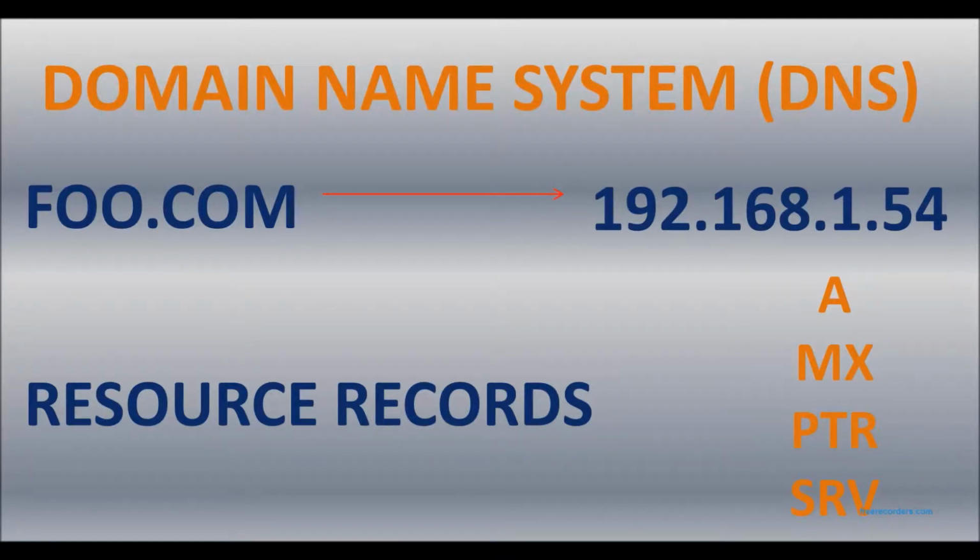Now, the MX record, its job is to find email servers. So when you go to email somebody and you press that send button, what's actually happening is your email goes to a mail server. That mail server then contacts the receiving mail server via an MX record in DNS.